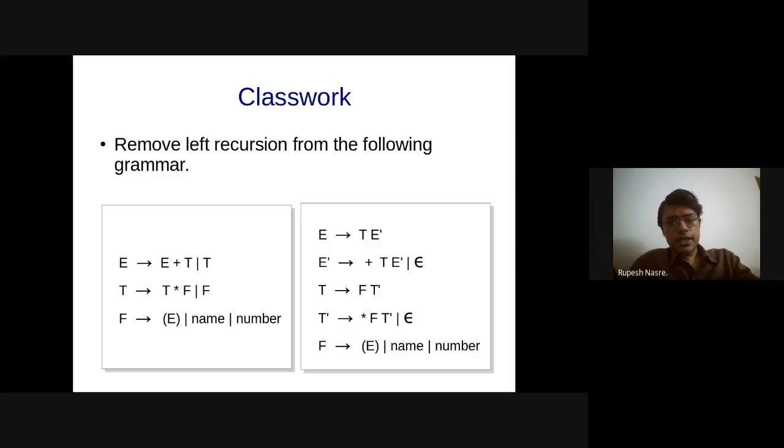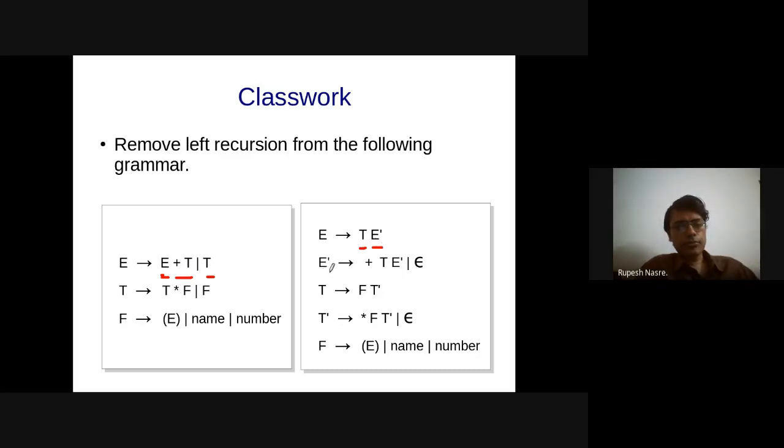E derives T E prime, where E prime is deriving plus. So here I'll just explain a little bit because I think some of you face that trouble. This E derives, A derives A followed by alpha, right? And this is our beta. So that we have to convert into beta B. So that is T, that is beta, and B. B is a new symbol.